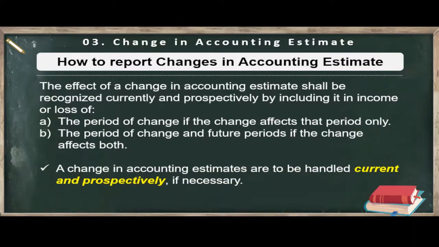A change in accounting estimate shall not be accounted for by restating amounts reported in financial statements of the prior periods, unlike the retrospective application. So again, you're not going to restate amounts reported in the FS of prior periods because a change in accounting estimate should be handled currently and prospectively if necessary.